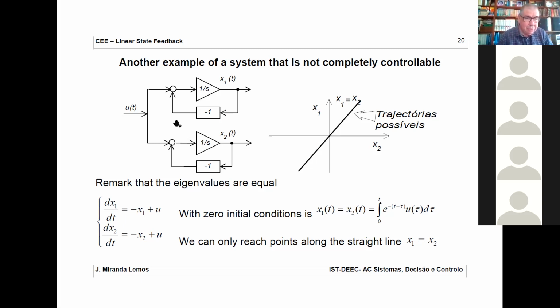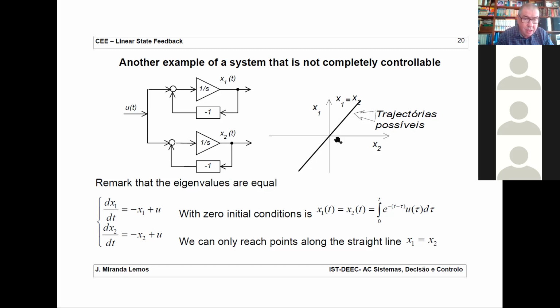So by manipulating U, you can only reach states such that x1 is equal to x2. If I want to go, for instance, to x2 equal to 5 and x1 equal to 0, it would be impossible. Now let's see what happens. Yes, what changes should we make to the system to make it controllable?